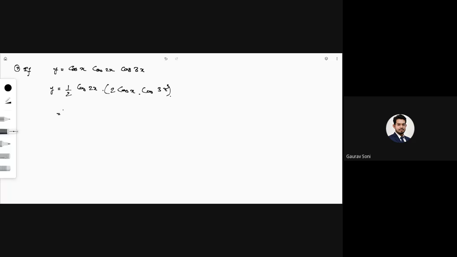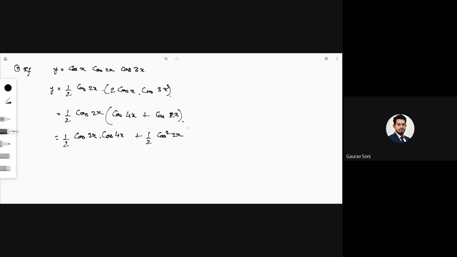So this will be equal to 1 by 2 cos 2x in bracket 2 cos A cos B, that will be equal to cos of A plus B plus cos of C minus A, which will become 2x. Now you can open the bracket, so that will be 1 by 2 cos 2x cos of 4x plus 1 by 2 cos square 2x.